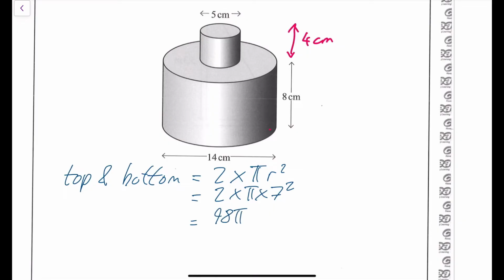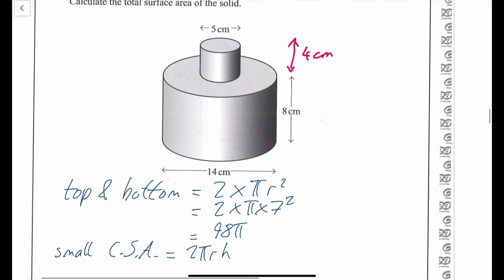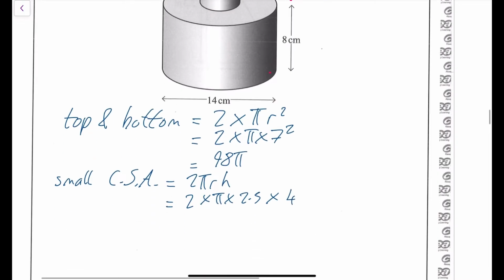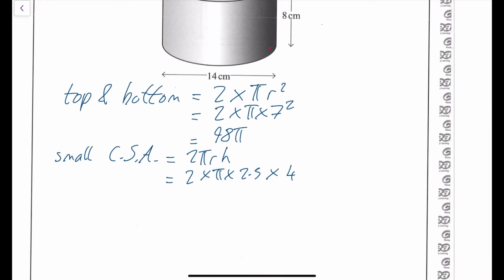And then I'm going to have the small CSA, curved surface area, and the formula for the curved surface area is 2 pi r h. So for the small one, that's 2 times pi times my r, which is 2.5, times my h, which is 4. So 2 times 2.5 times 4 is 20 pi.